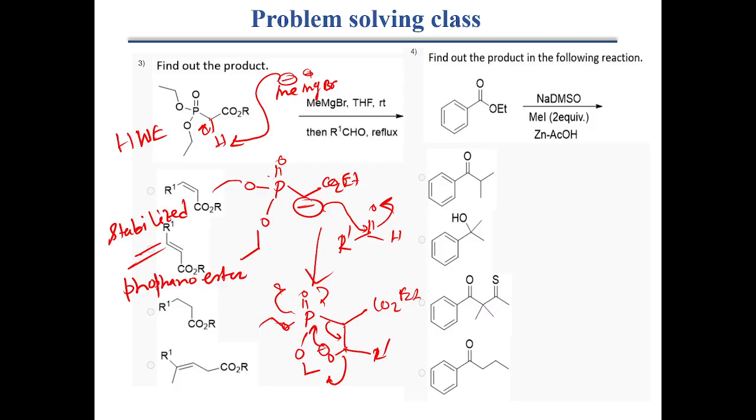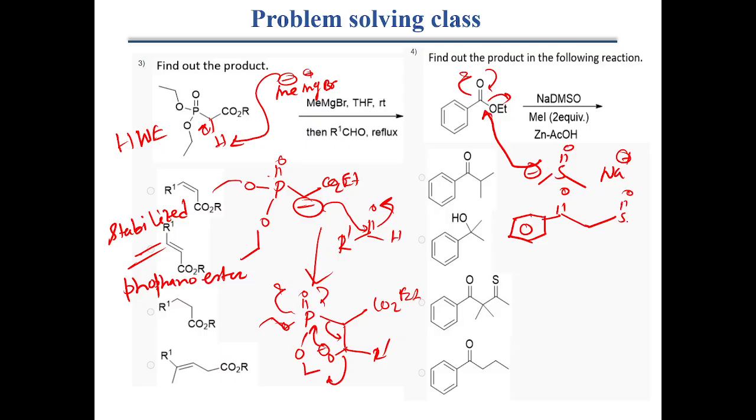So here, what happened in the question? Inside, they have used sodium plus. So here this reaction happened this way. It will react with the ketone center, and after elimination of ethanol, gives this product.